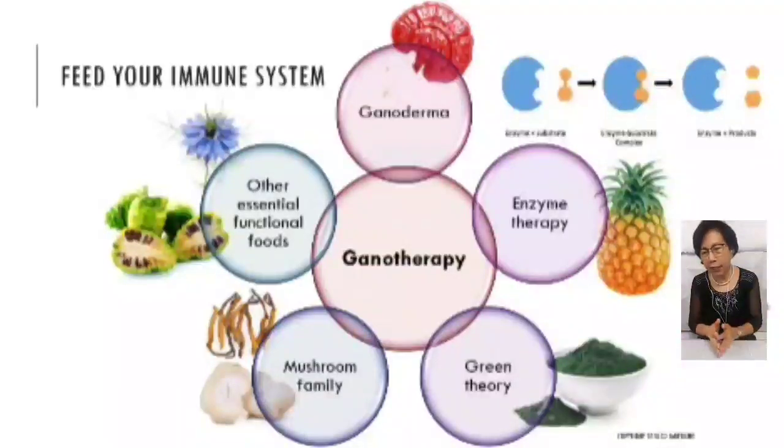Most of us are eating too much meat, too much acidic food, and the green food on the plate is only for garnishing. So we don't have enough greens in the body. When you lack green, you lack chlorophyll, you lack iron, so your liver has to work very hard, and your spleen has to work very hard.